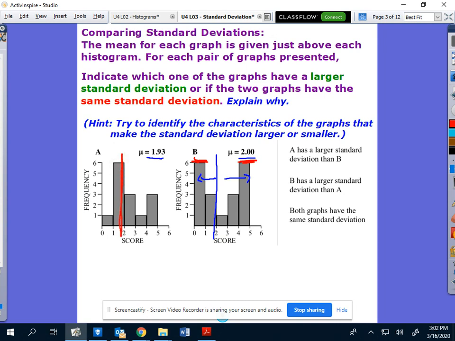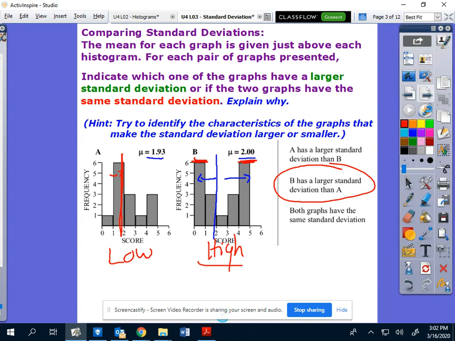So you'll notice that most of our data is close to that mean. It's much, much closer to it. So if that's the case, this is going to have a low standard deviation, and this is going to have a high standard deviation. So the higher standard deviation is B. B definitely has a larger standard deviation than A, because your frequencies are much higher further away from your mean. That's how we measure standard deviation.